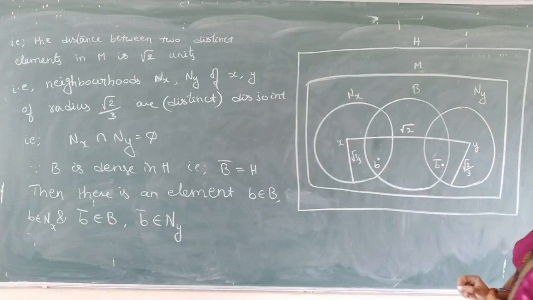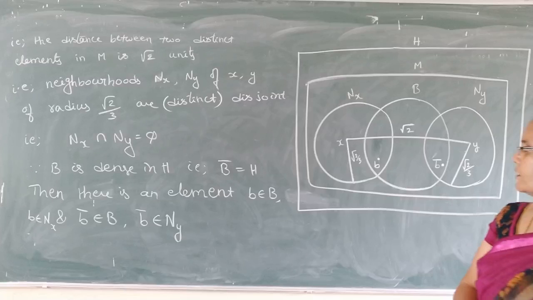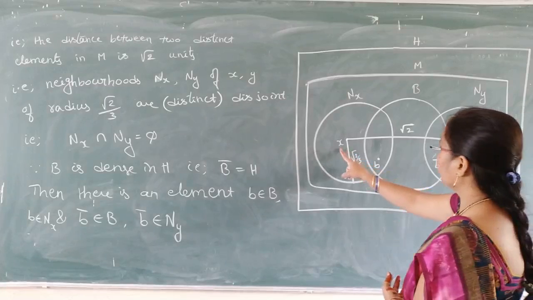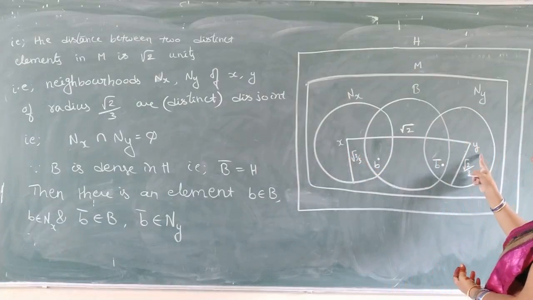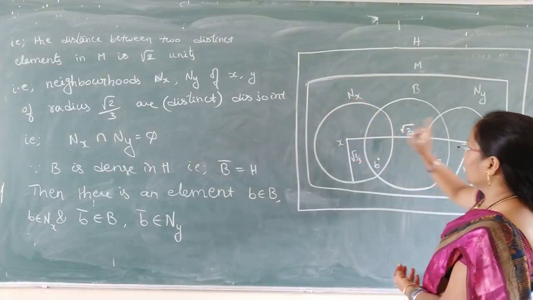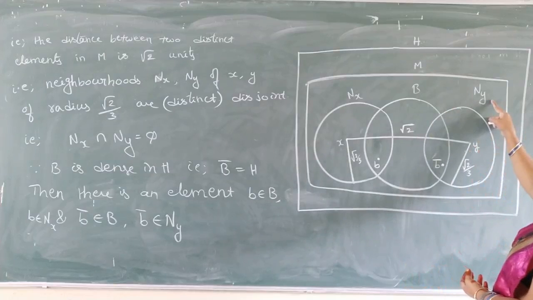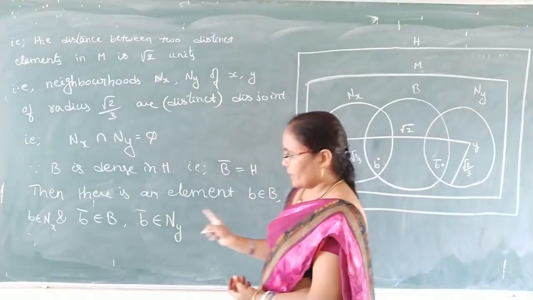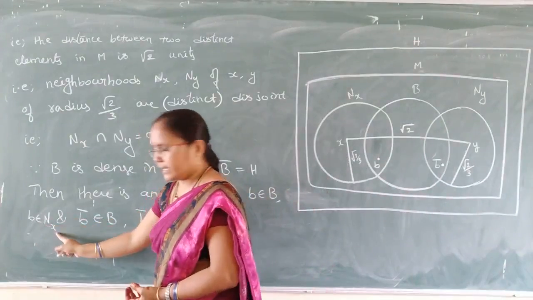Next, we already calculated that the distance between the two elements x, y is root 2 units. So x, y are two distinct elements. The neighborhood of x is Nx, and the neighborhood of y is Ny. And one more thing, if you observe from this line, small b belongs to Nx.